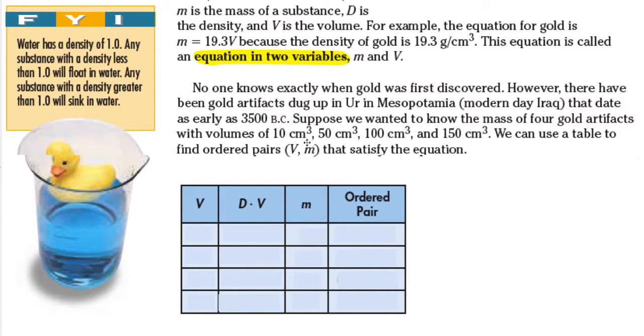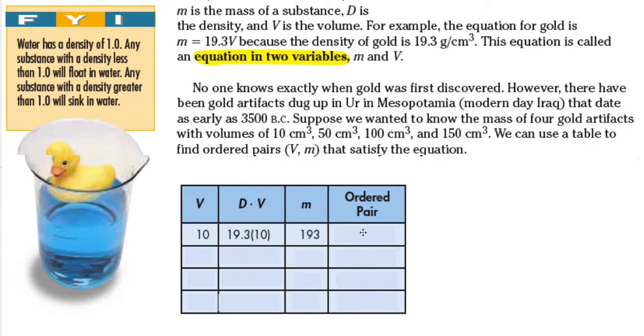These are your volumes, and we can create a relation, or ordered pairs, between volume and mass. Let's say the volume starts at 10 cubic centimeters. Using the formula, density times volume, we get 19.3 times 10. The mass would be 193.